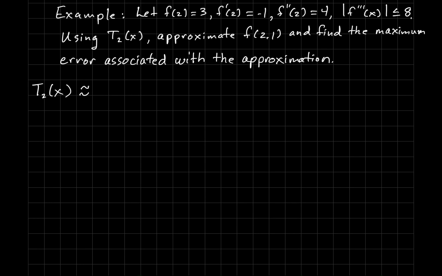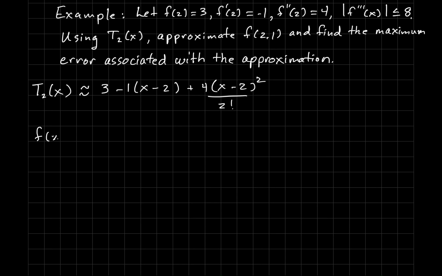So let's start writing our second degree polynomial, which is f of 2 plus, in this case, -1, f prime of 2 times x minus 2 plus f double prime of 2 times x minus 2 squared over 2 factorial.